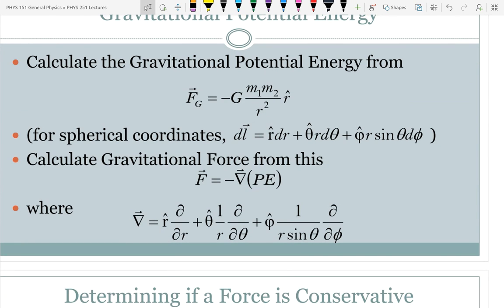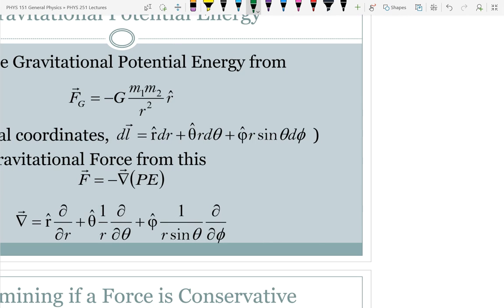In spherical coordinates, dL is once again a lot more complicated. dL has stuff with d theta and with d phi in it. Fortunately, work is the integral of force dot dL. Our force is only in which direction? In the r hat direction. So that means the theta hat and the phi hat parts, when I do the dot product with force, are going to give us zeros. And so when I do the integral for the force, I have this long sticking integral.